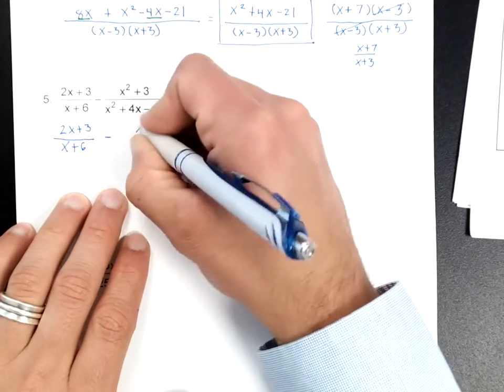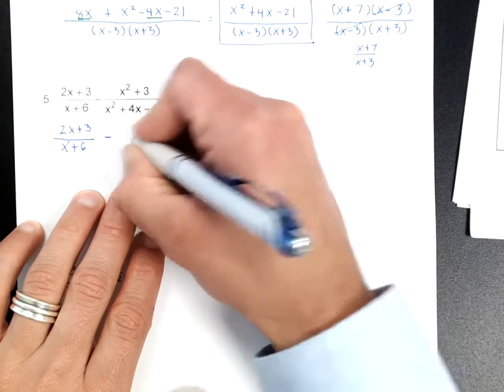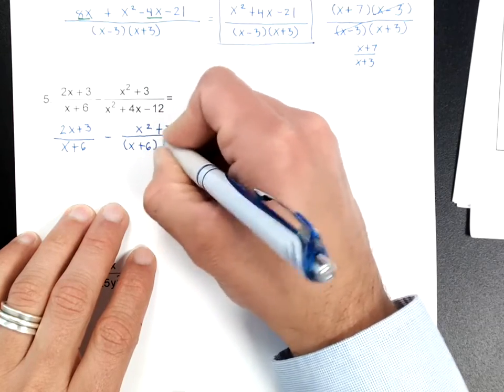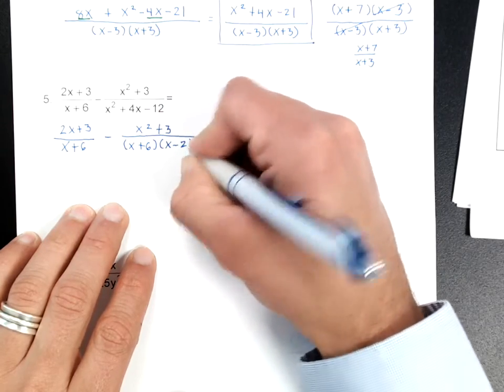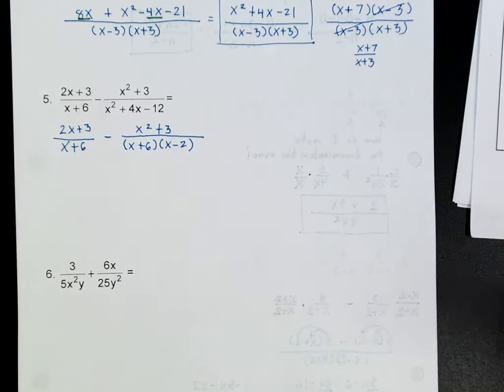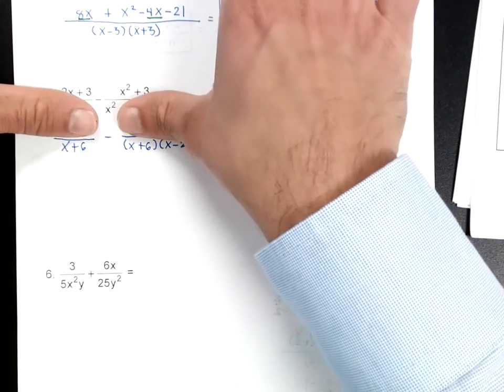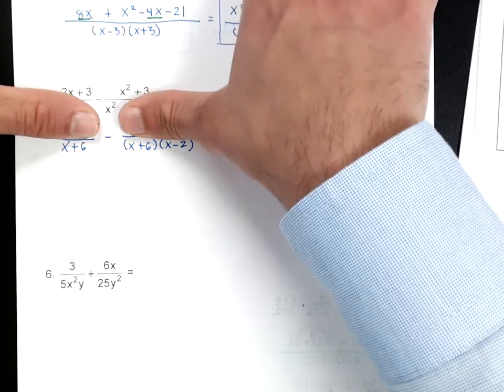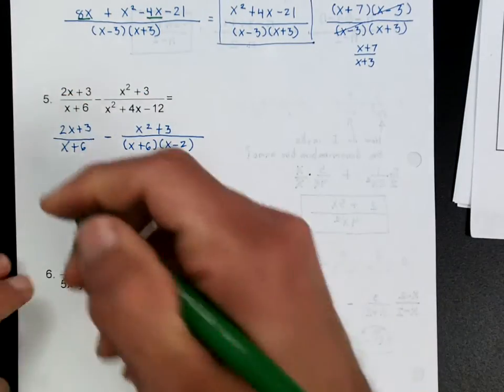But on this one, again, factor only the denominator. This would be x plus 6, x minus 2. Agreed? Okay, this is, again, assuming you know how to factor. All right, now look at the denominator. Same question. What am I missing on my left side? All right, so we're going to multiply top and bottom by x minus 2.